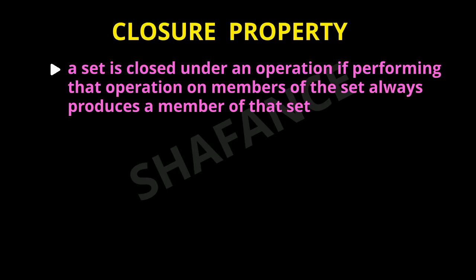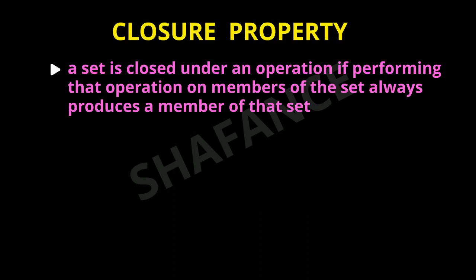Suppose we have a set of numbers and we do an operation, addition, on the members of that set. If we take any two numbers and add them, and as a result what we get is a part of that set only, so for any two numbers the resultant number is also part of that set, then the set is closed under addition.